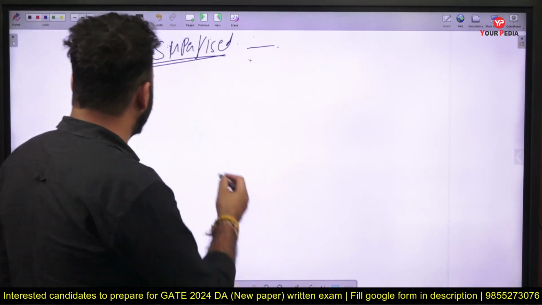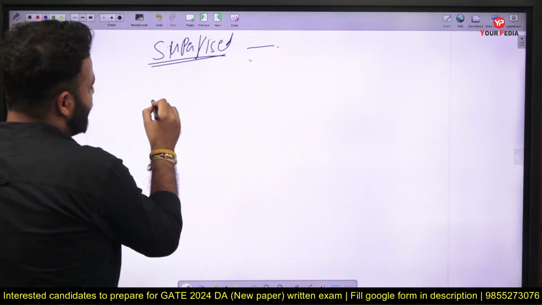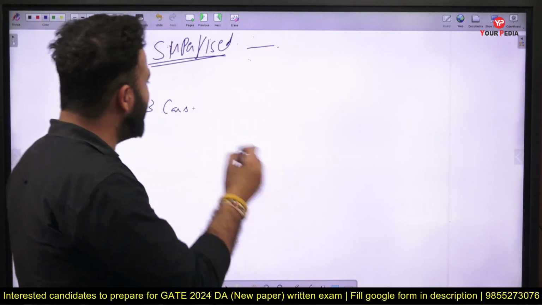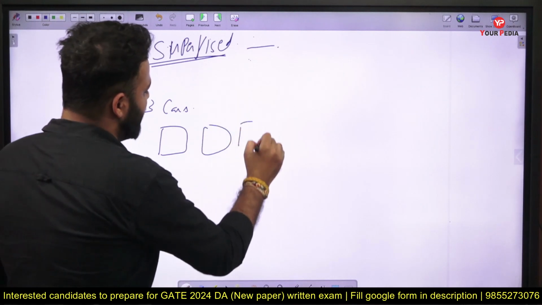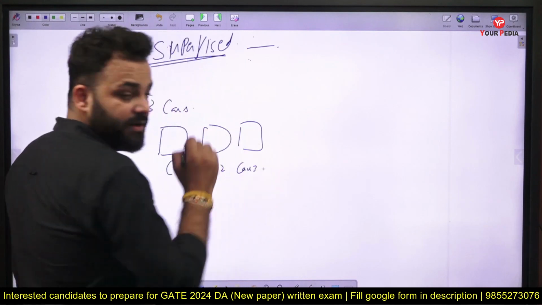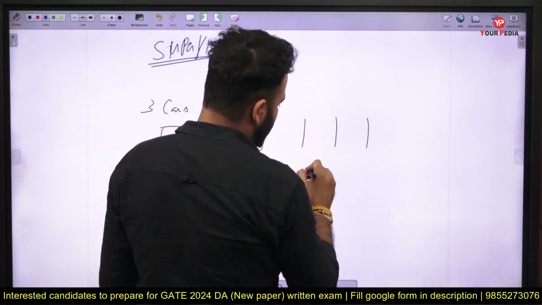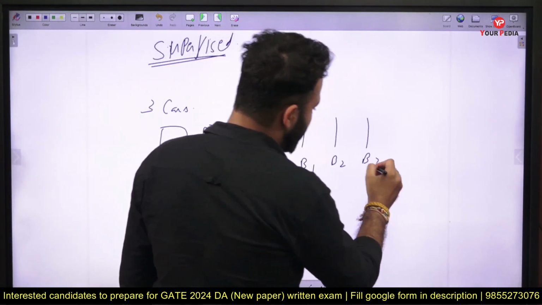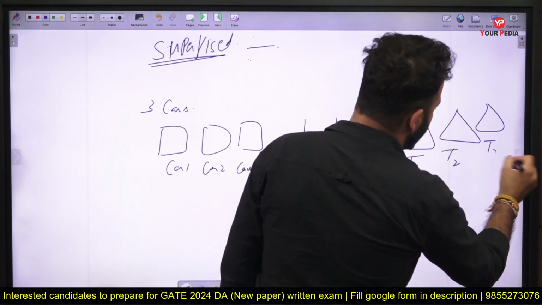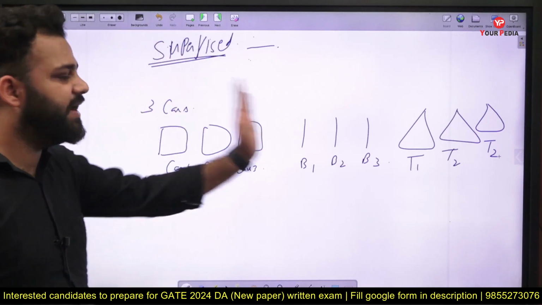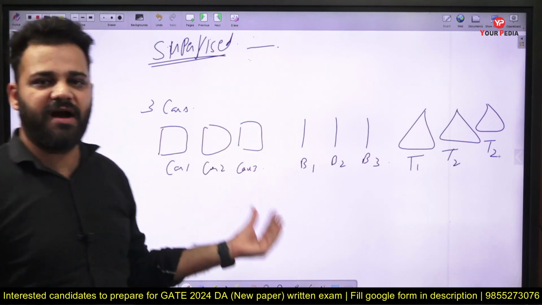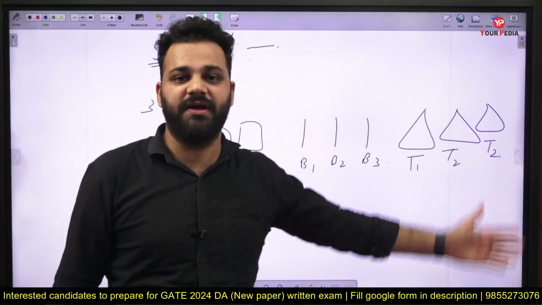For example, let's say you have images of 3 cars, labeled as car 1, car 2 and car 3, and you have 3 bikes, bike 1, bike 2 and bike 3, and you have 3 trucks, truck 1, truck 2, truck 3. Now this will be fed to the machine and it will have labels that this type of thing is a car, this type of thing is a bike, and this type of thing is a truck.